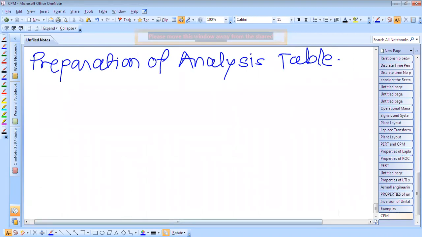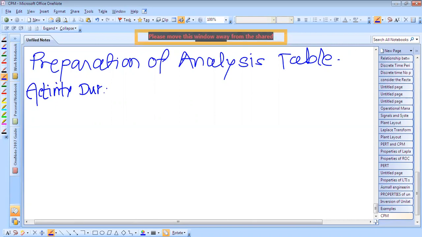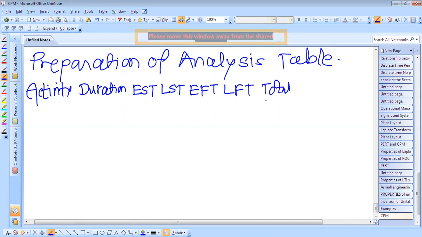In the analysis table, we have to give the name for each activity, then the duration, then EST, then LST, then EFT, then LFT, then the total time, the next column is the total float, and next is any remark.